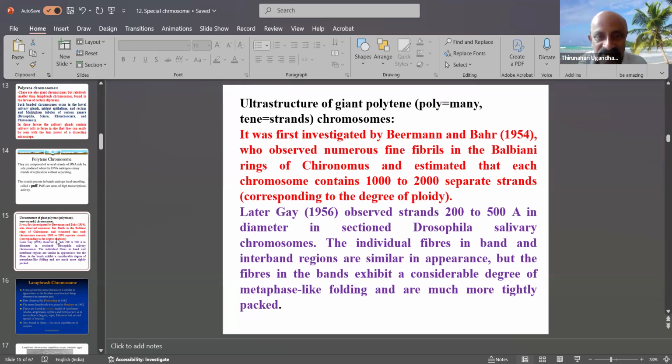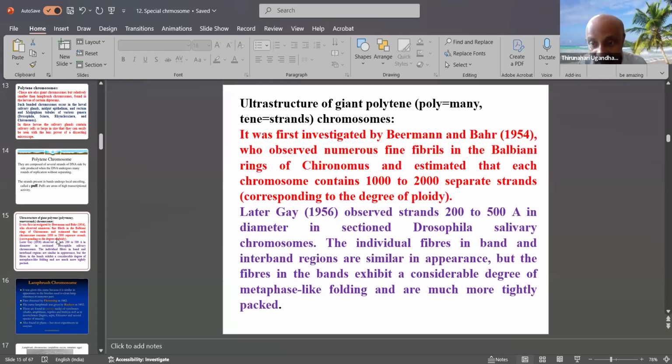These strands are also called polytene. It is one type of giant chromosome, present in the salivary glands of Drosophila. Later, Gay in 1956 observed strands 200 to 500 in diameter in sections of Drosophila salivary chromosomes.